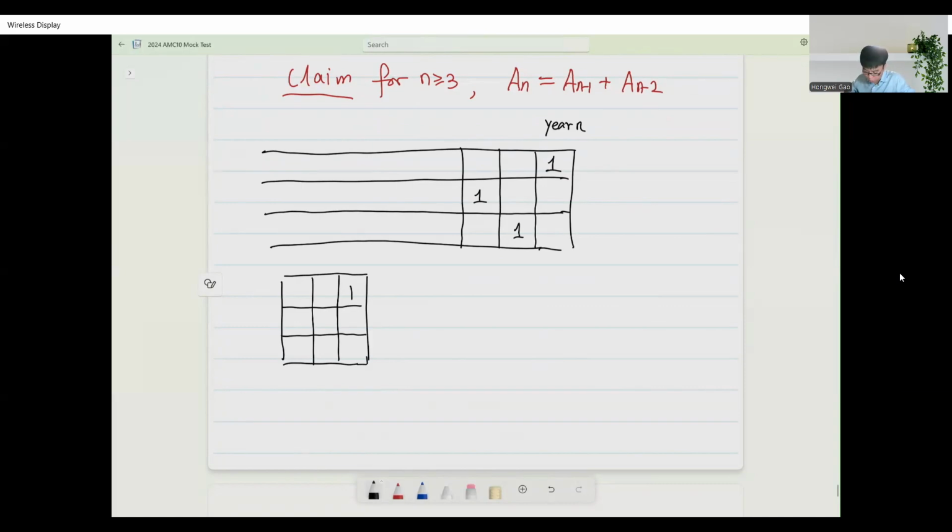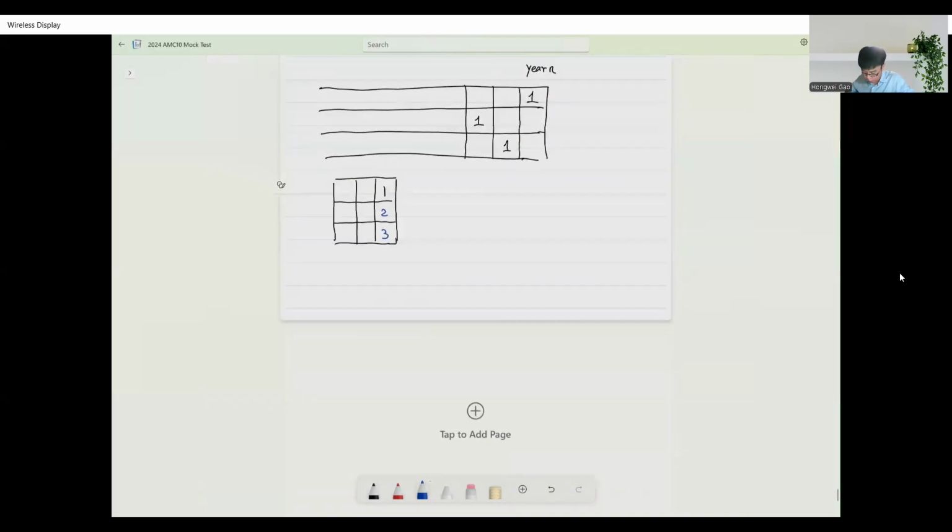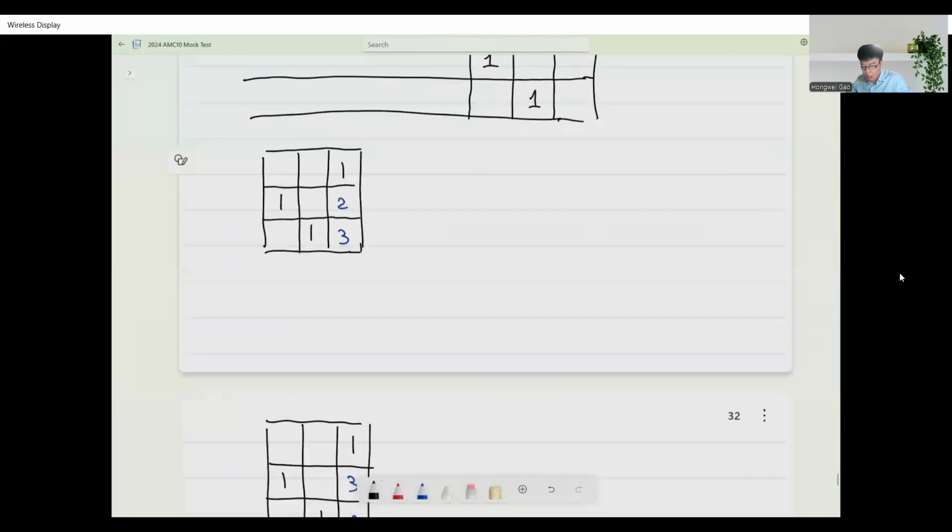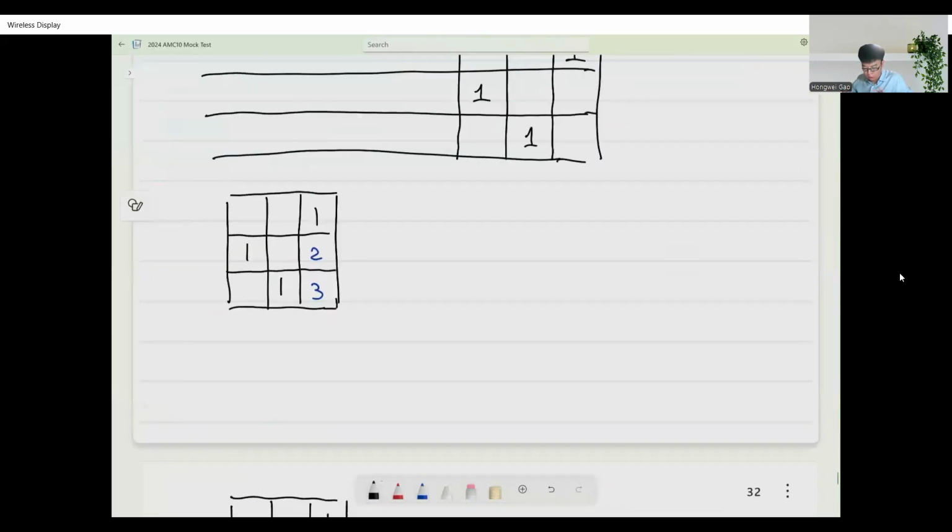Maybe it's 1, 2, 3, or 1, 3, 2. Of course, we have one here, one here, one here, one here. Now, let's see how it goes for this case. The last year is 1, 2, 3.